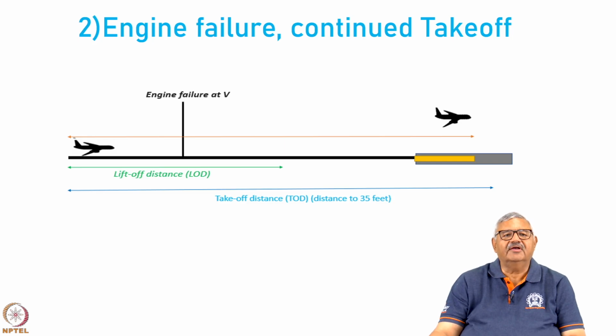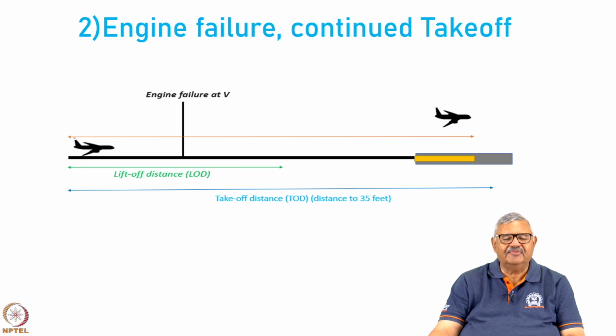Please notice, if the engine failure is detected below the speed V1, it will be prudent for the pilot to apply the brakes and abort the takeoff, because the distance required will be lower, since the aircraft has not yet attained speed V1. On the other hand, if the engine failure is detected at a speed more than the decision speed V1, it will be prudent for the pilot to continue takeoff, because if you go for accelerated stop, then you are surely going to exceed the runway.